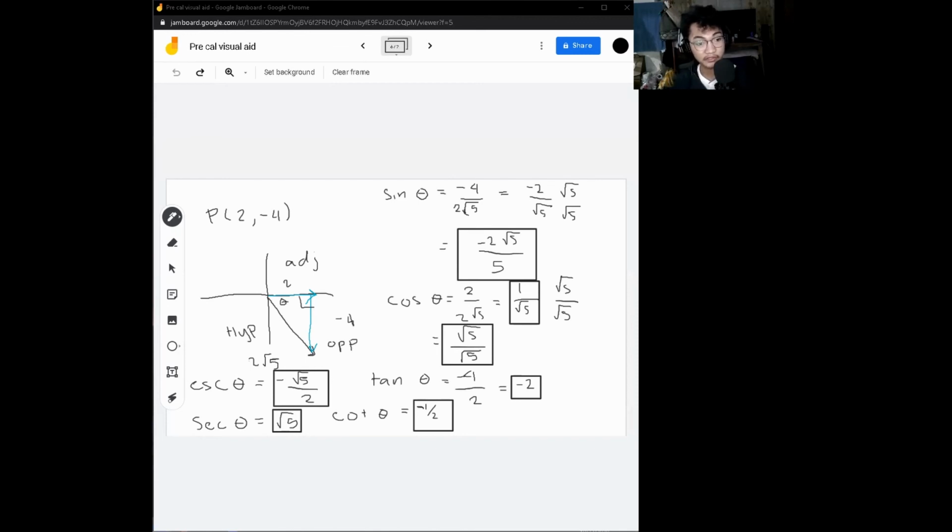So if cosine is 1 over square root of 5, secant is square root of 5 over 1, or simply square root of 5, and that's the value of secant. Now tangent is negative 2, so cotangent is going to be negative 1 over 2. You just have to flip it, and that's it.